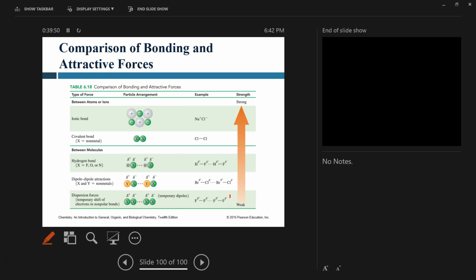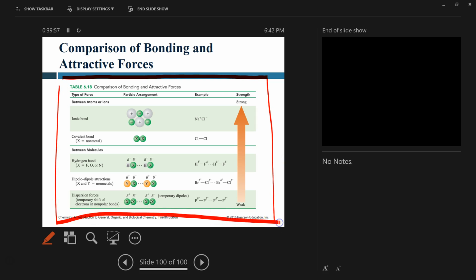So in order to help you out with that, this table compares various types of bonds and attractive forces. In an ionic bond, there's an exchange of electrons. In covalent bonds, there's sharing.